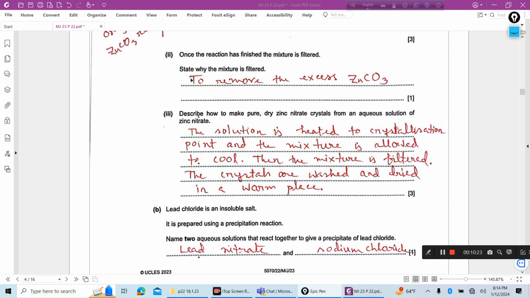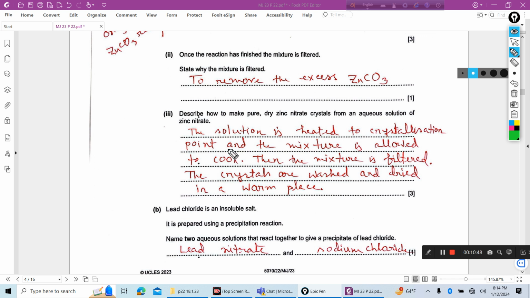Three, once the reaction has finished, the mixture is filtered. State why the mixture is filtered, to remove the excess zinc carbonate. Number 3, describe how to make pure dry zinc nitrate crystals from the aqueous solution of zinc nitrate.